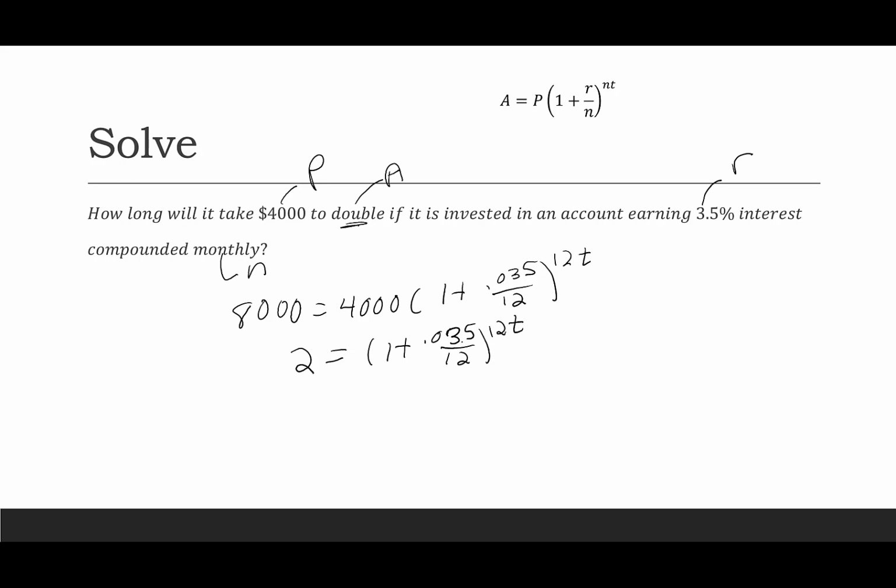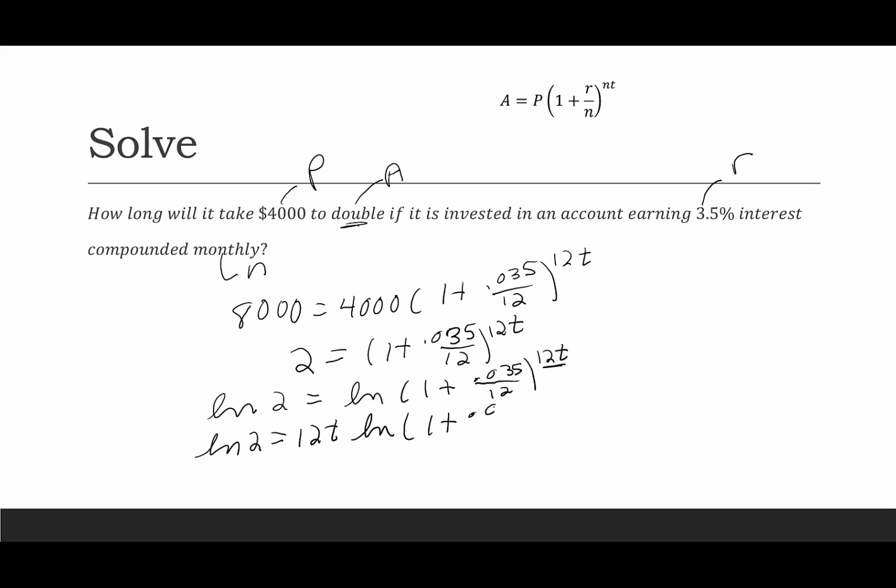Now I can take the natural log of both sides. So the natural log of 2 is the natural log of 1 plus 0.035 over 12 to the 12t. The natural log is going to bring this 12t down. I have the natural log of 2 equals 12t natural log of 1 plus 0.035 over 12.